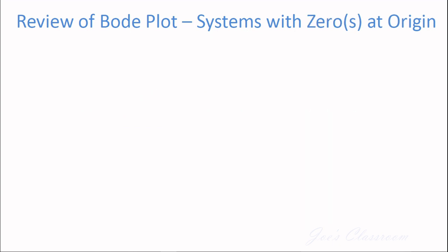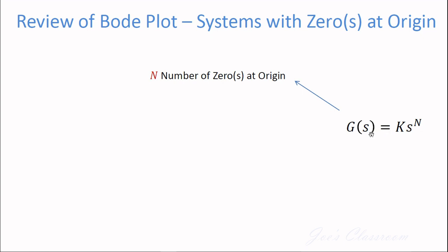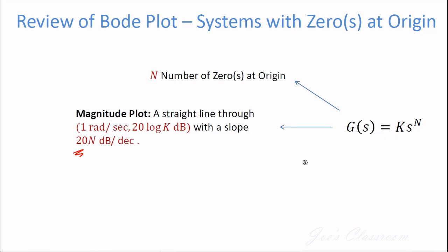Similarly, if we take a system with zeros at the origin, then the transfer function is given by G(s) = K s^n. The s term comes in the numerator, and here n is the number of zeros at the origin. In that case, the magnitude plot is very similar to that of the system with poles at the origin, the only difference being the slope.